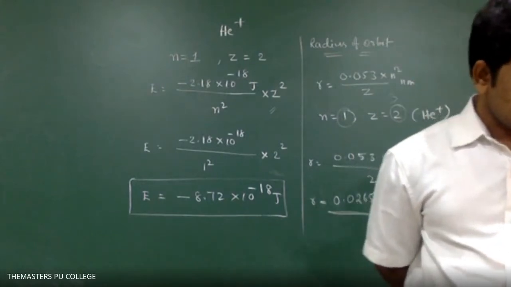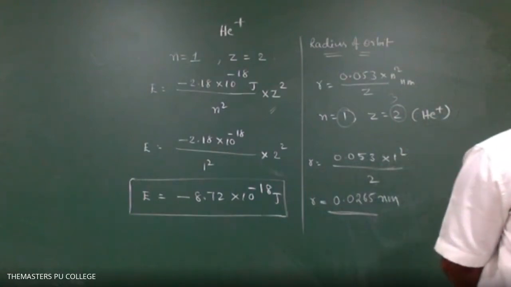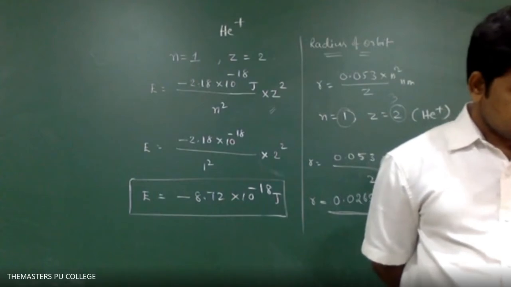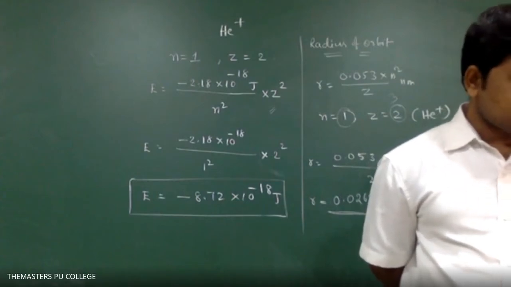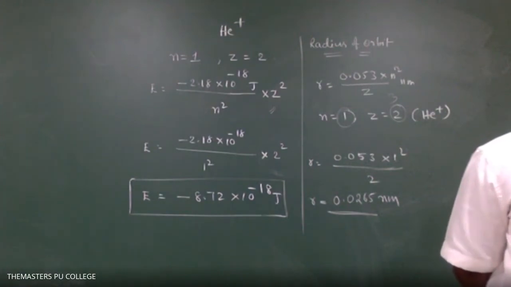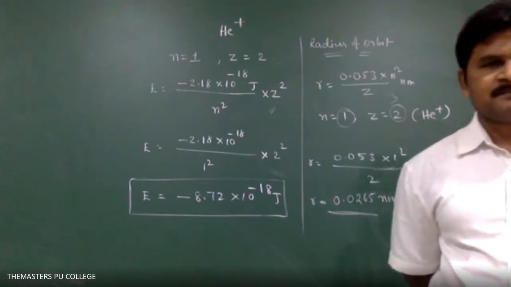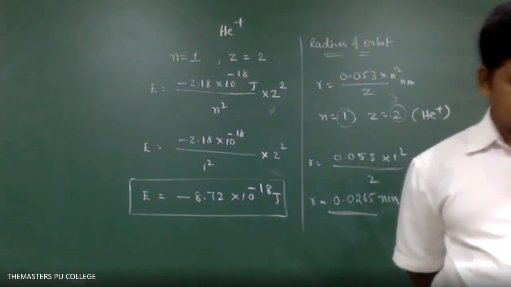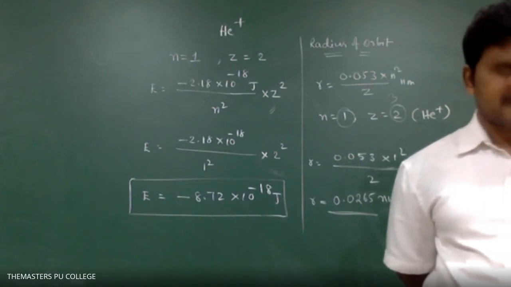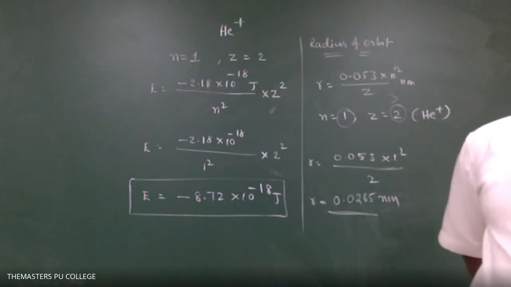The energy associated with the first orbit in the hydrogen atom is minus 2.18 into 10 power minus 18 joules.